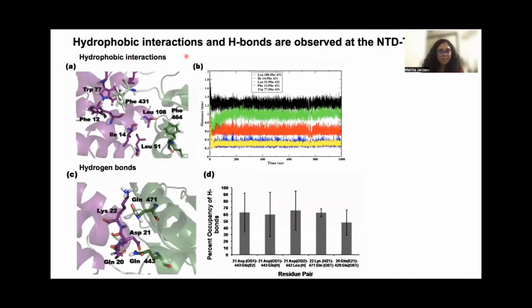And hydrogen bonds at the interface between the N-terminal domain and the TIR domain. As you can see from the MD simulation, this plot shows the occupancy of hydrogen bonds over the amount of time of the MD simulation.